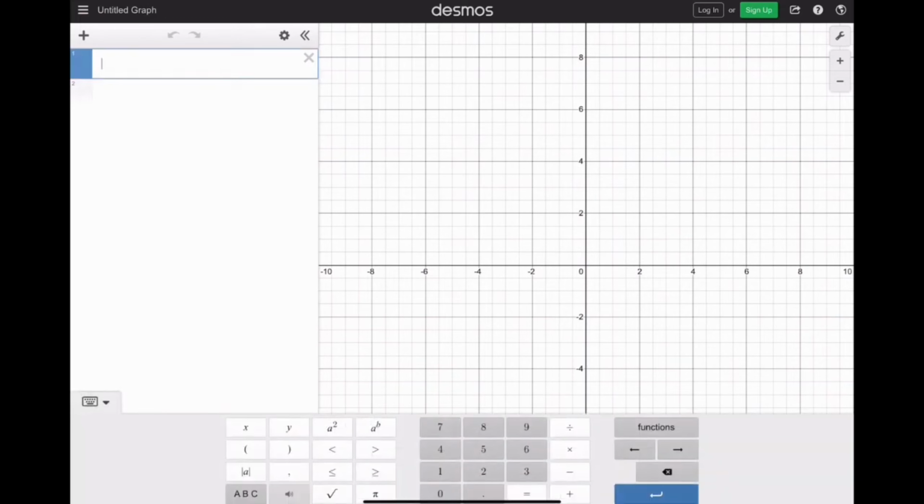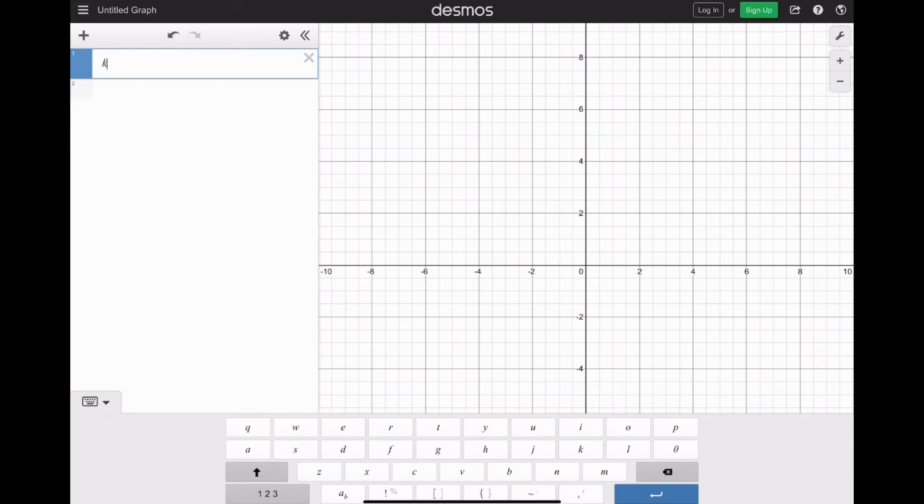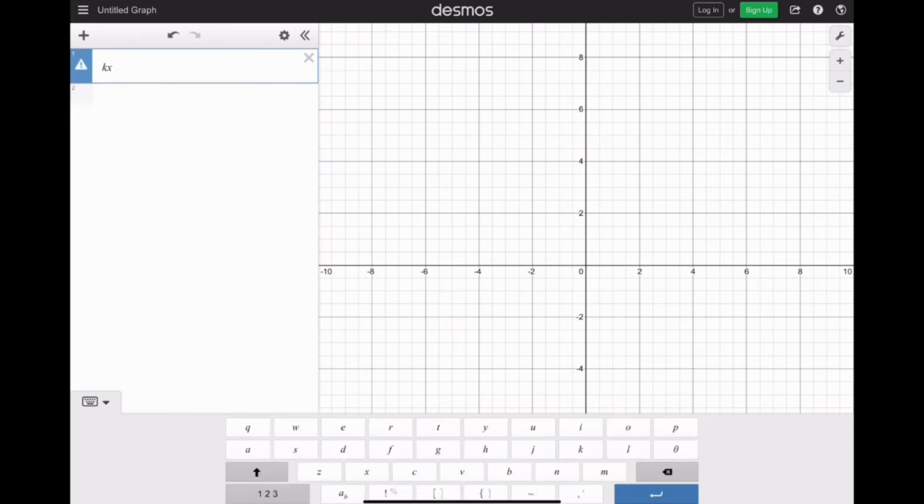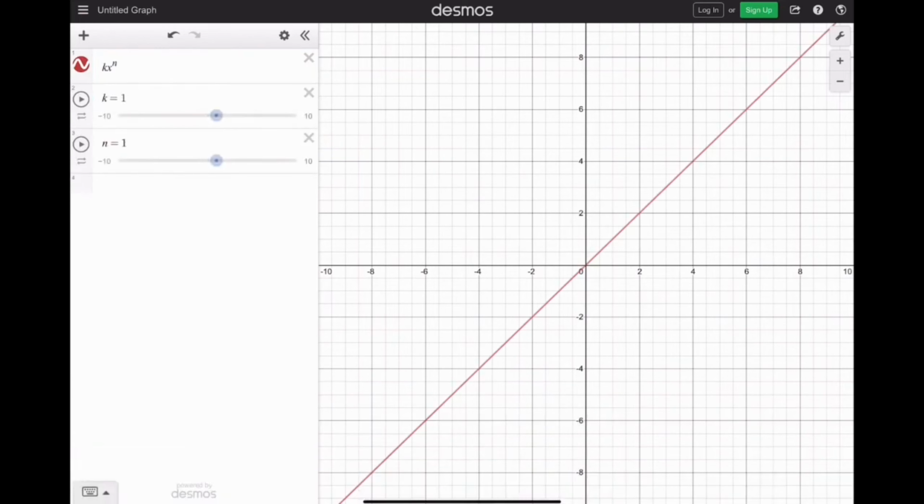So I'm going to type in exactly what we've had on the slide, which is kx to the power n. And what the software does immediately is it offers me to add sliders. Sliders for everything that's not x, so for everything that is not a variable. So I clicked all, and there we go.